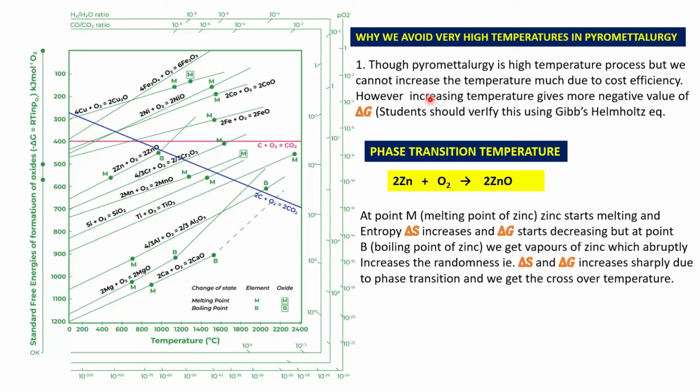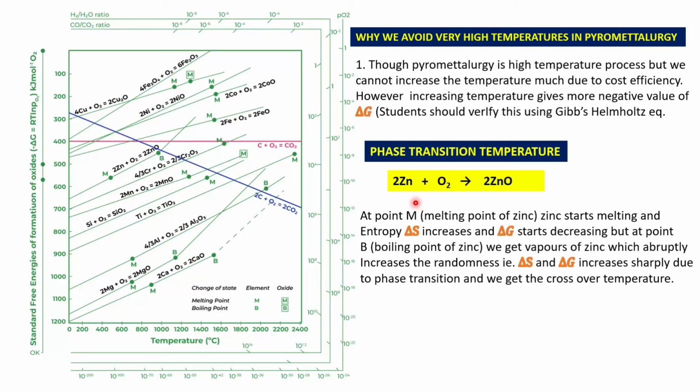That means the positive part will increase. This will give you a higher negative delta G, and the reaction would be spontaneous. You can verify this using the Gibbs-Helmholtz equation. It is true that at high temperature delta G would be more negative, giving a spontaneous reaction, but we cannot increase the temperature much due to the cost of the fuel.